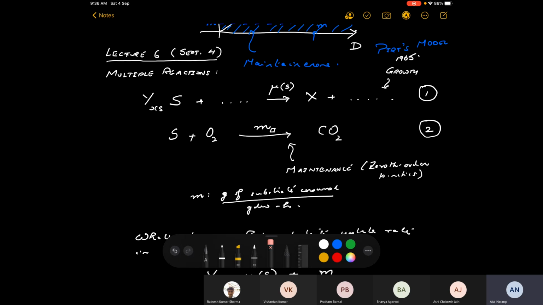I mean, the entire derivation was done for substrate, but if you replace this m, actually the right thing I should have used is m sub s. Throughout the derivation, m sub s describes the consumption of substrate. Maybe here I should write it for maintenance.